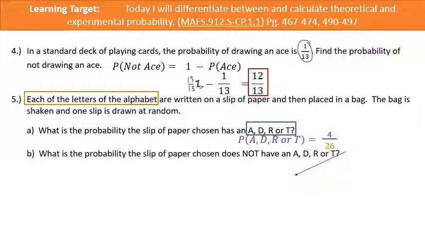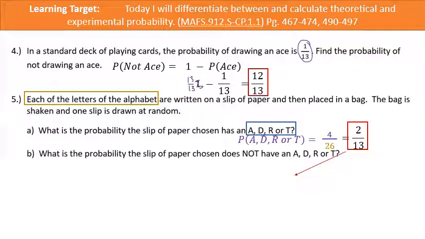So our probability would be 4 over 26, but that's a fraction that can be simplified. So it's 2 over 13, dividing the top and the bottom by 2. There's our probability. The probability that I randomly select an A, a D, an R, or a T is 2 over 13.